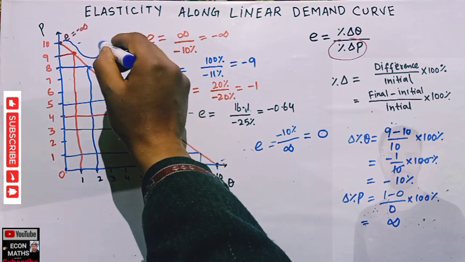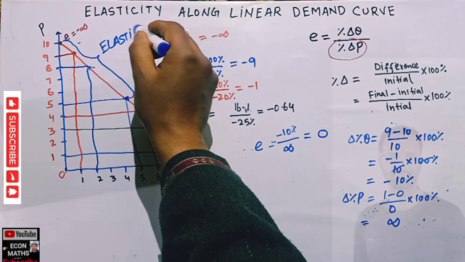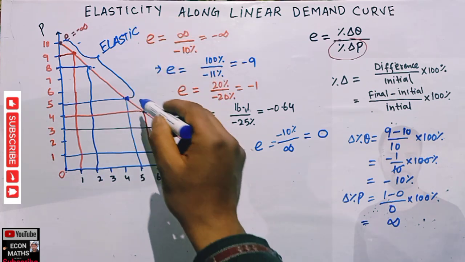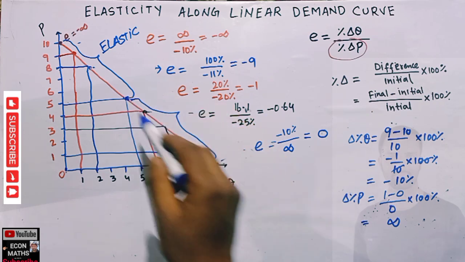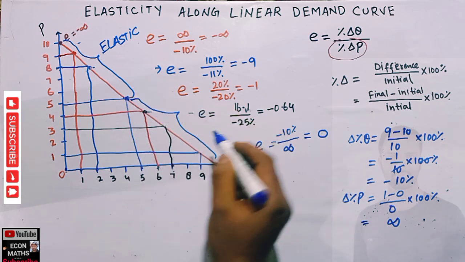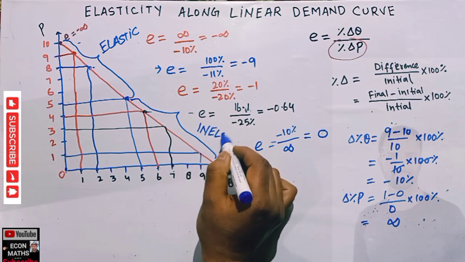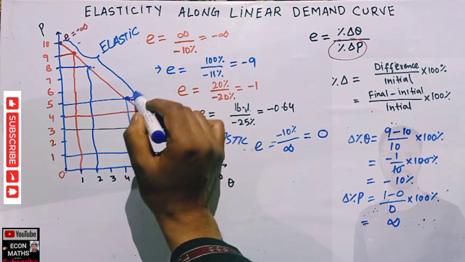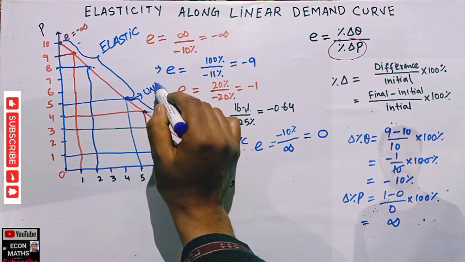This range is our elastic range, elastic demand here, and this lower half segment is inelastic demand. At the midpoint we have unit elastic.